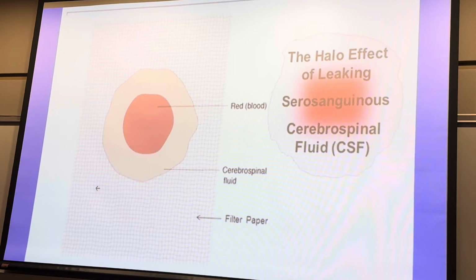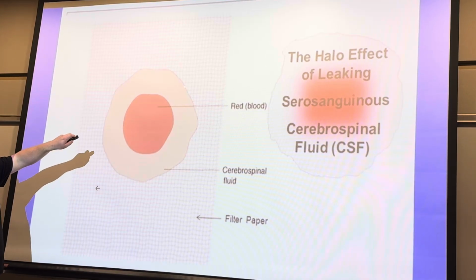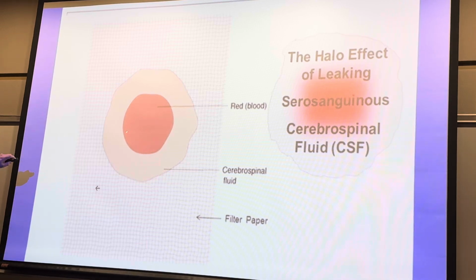So we have what's called the halo test. I take a drop of fluid, whether you see a little bit of a leak out of their ear. Sometimes it can drain out of your nasal passage as well, but most of the time it's out of the ear. I take a drop of it, and then I'm going to have this halo ring around the outer edge of that red spot, that blood spot on that gauze.